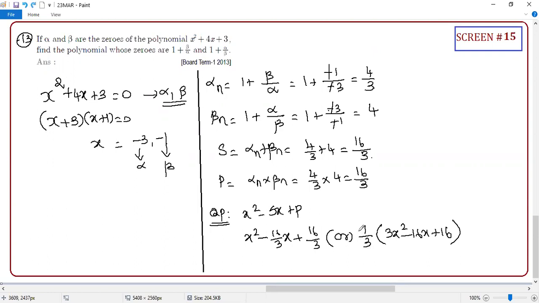Yes, sir. After taking LCM only, we'll take it outside, right, sir? Correct or not? You are taking 3, then you are multiplying, then I am taking 3 out. Instead, I am saying that the moment you take out 1 by 3 from here, you are adding 3. Correct? Now you are multiplying 3. Yes, sir, I got it, sir. Good.